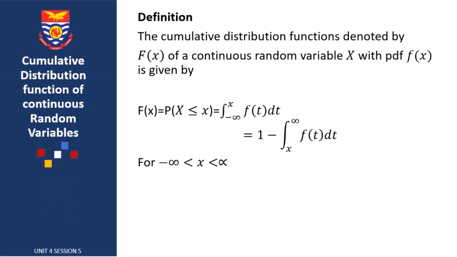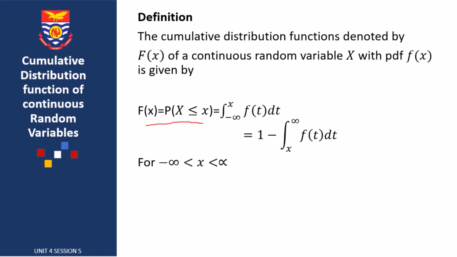Definition. The cumulative distribution function, denoted by F of x, of a continuous random variable X with PDF, that is probability density function f of x, is given by F of x equals the probability of X less than x.